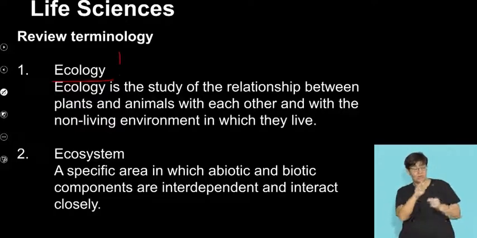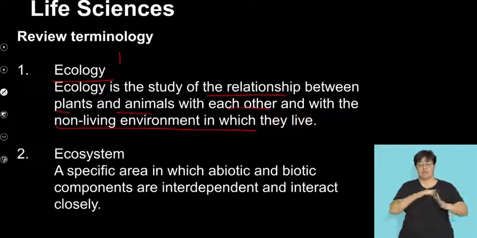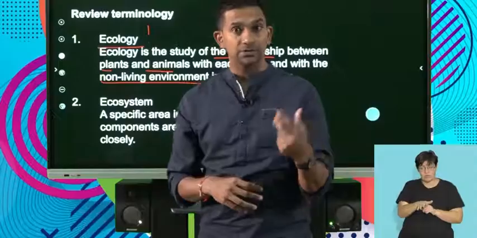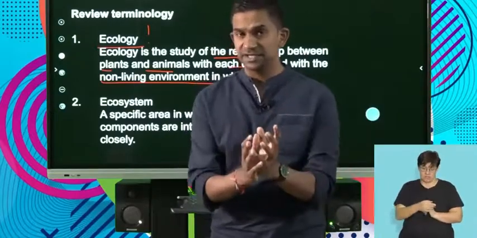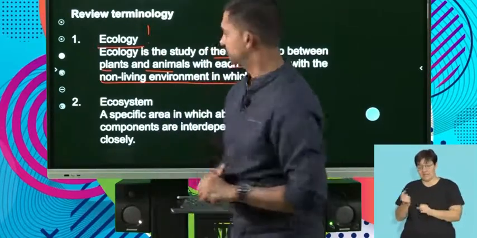Ecology is the study of the relationship between plants and animals with each other and with their non-living environment. It's important for us to understand that the abiotic factors are factors that influence our nutrient cycle. We're going to need to understand how these cycles influence life, or the biotic factors.